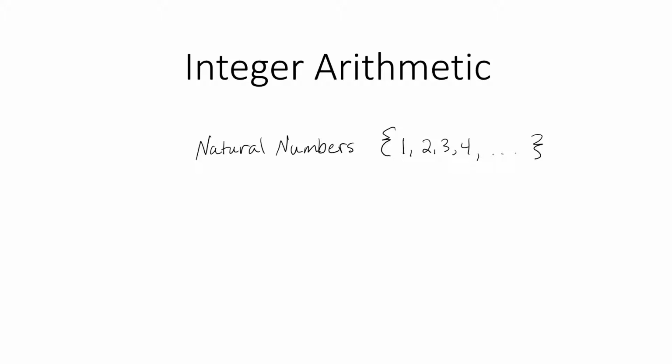Now the one thing that's not in here, that actually wasn't discovered till way after counting, was the number 0. When we add the number 0 to this set, then we get what's called the whole numbers.